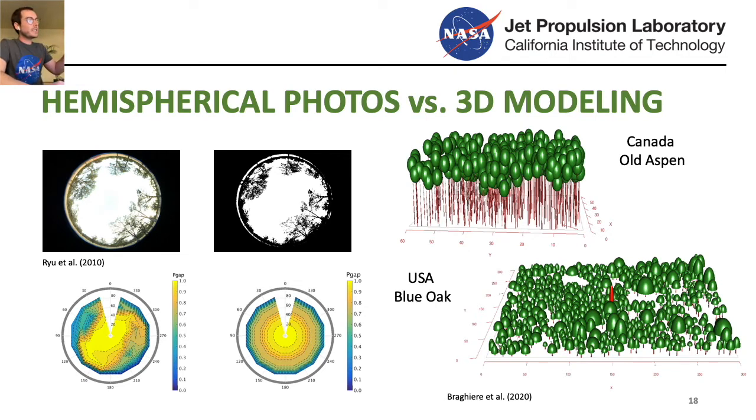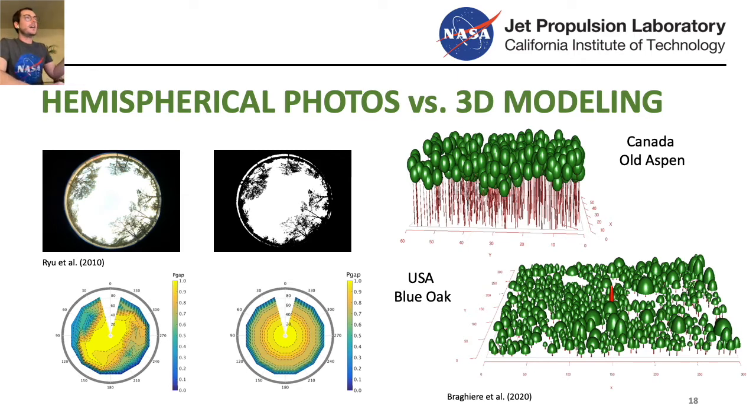We have the zenith variation and the azimuthal variation of this canopy. Then we take the azimuthal average, and we get a P-gap, a direct transmittance zenith profile. So this is how we took the measurements for the hemispherical photos.